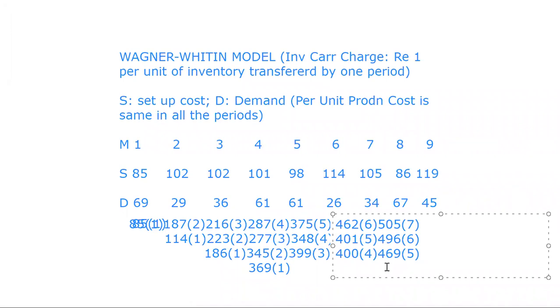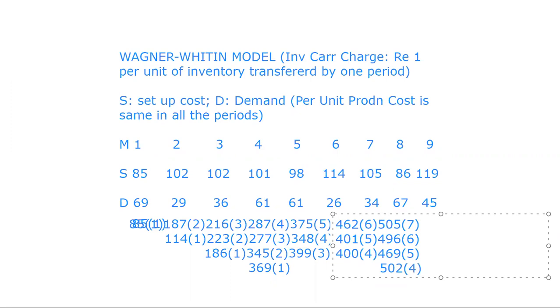Now I produce in period number 4. How much is my cost? 400 plus 34 into 3, which is 502.